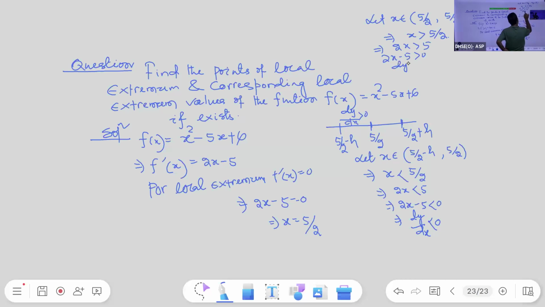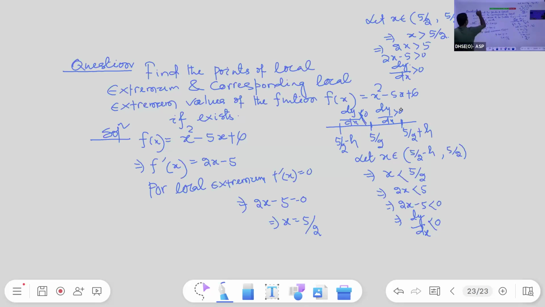So dy upon dx is greater than 0, right? So dy upon dx is less than 0 in the left neighborhood. In the right neighborhood, dy upon dx is greater than 0. So dy upon dx changes its sign from negative to positive.